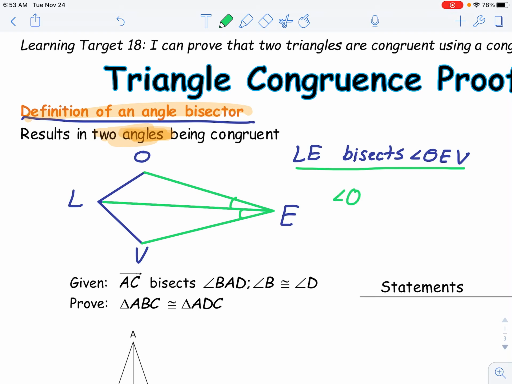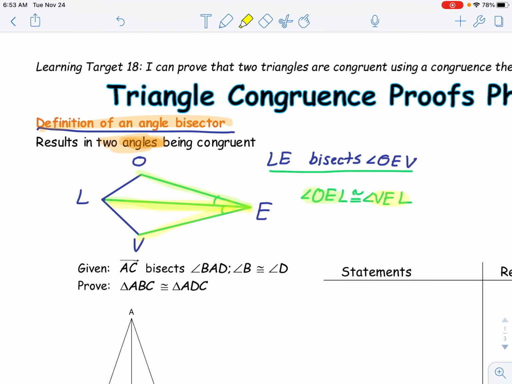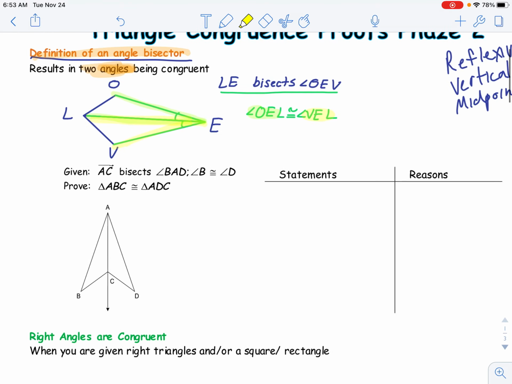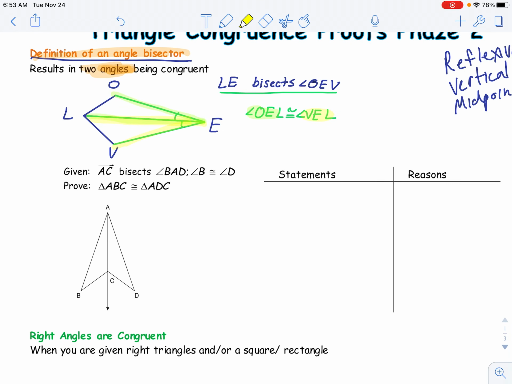So that means OEL is congruent to angle VEL. All right, so be careful with angle bisector. Again, in years past, students struggle with it. Why? I guess you gotta struggle with something.